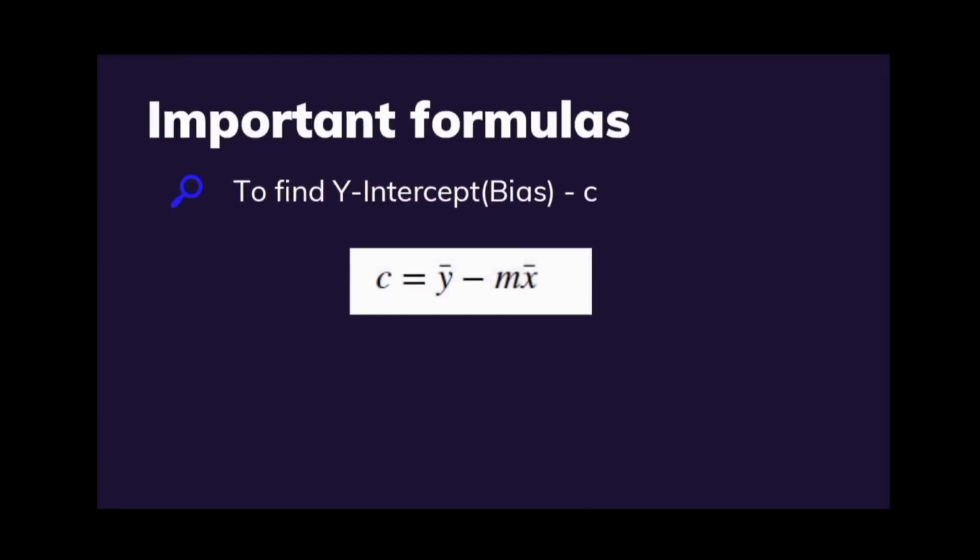The y-intercept or bias is equal to y bar minus m times x bar, where y bar and x bar are the means of y and x, and xi and yi are iterations of x and y using summation.